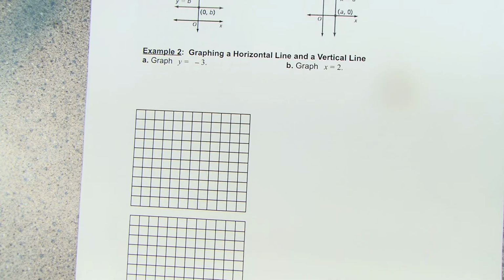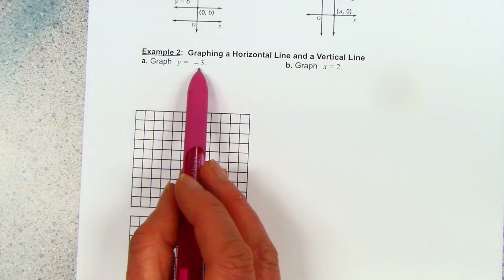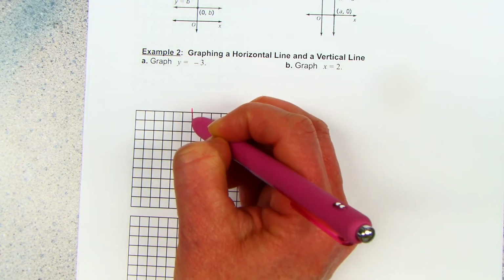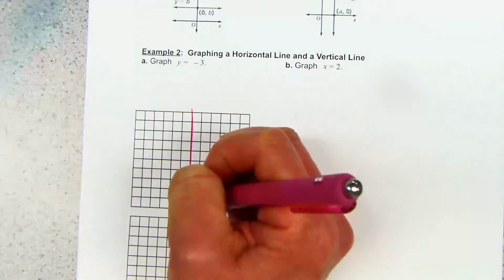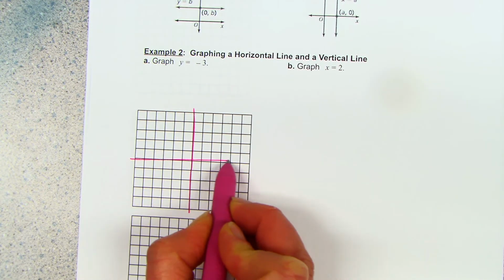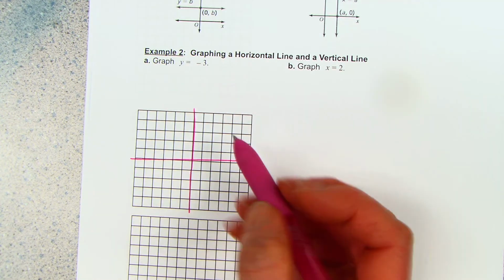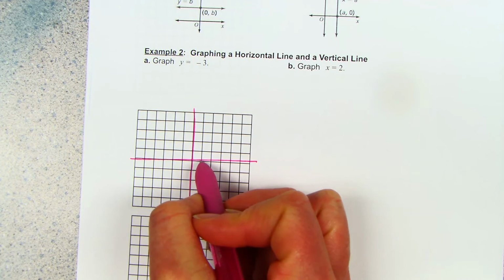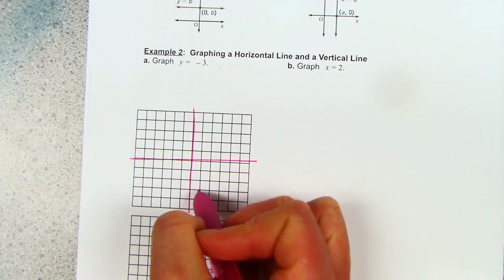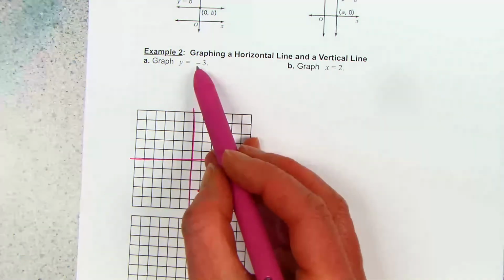All right, so let's do a little drawing. Graph y equals -3. Let's draw a coordinate plane. All right, and then if I go over 1, then I need to go down 1, 2, 3. And what about if my x was 0?